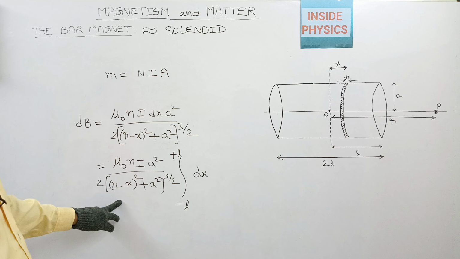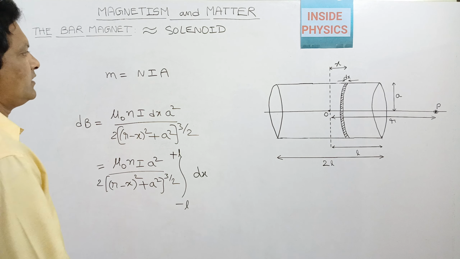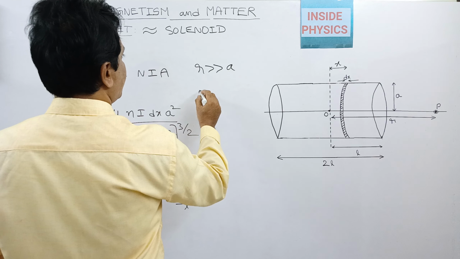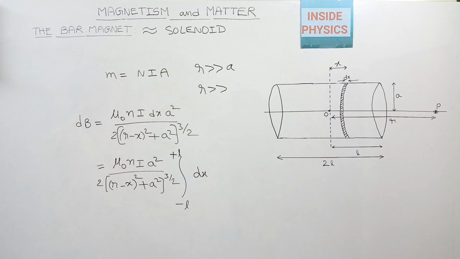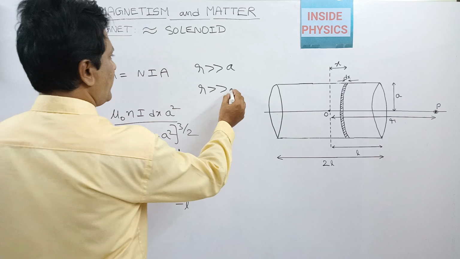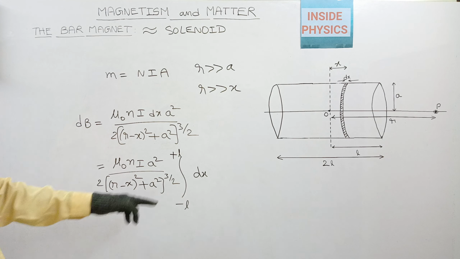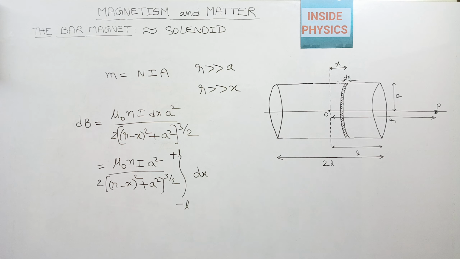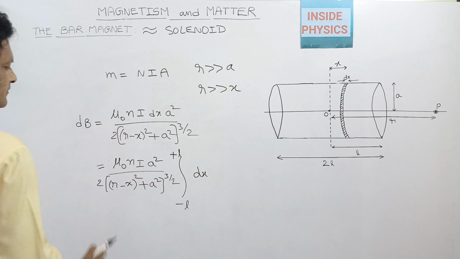We have already said we have taken a point very far away, at a larger distance, so that the distance r is far greater than a, and r is far greater than x. With this relation, we can ignore the distances x and a.